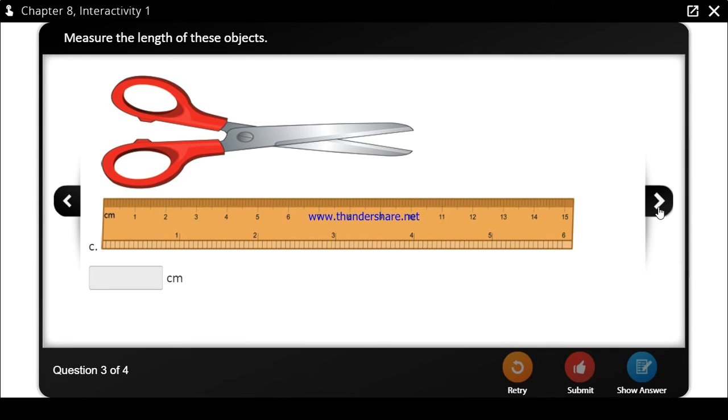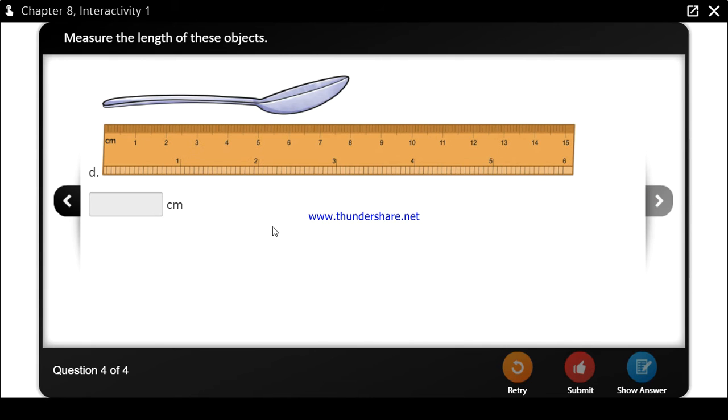The third one, the scissor end point is 10 centimeter. So our answer is 10 centimeter. The D part, the spoon end is 8 centimeter.